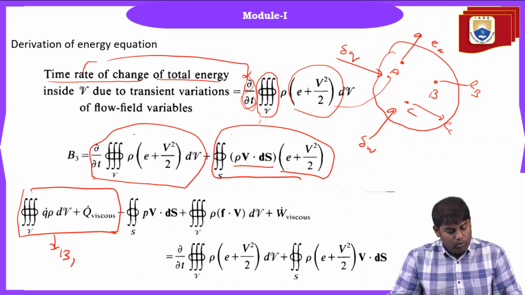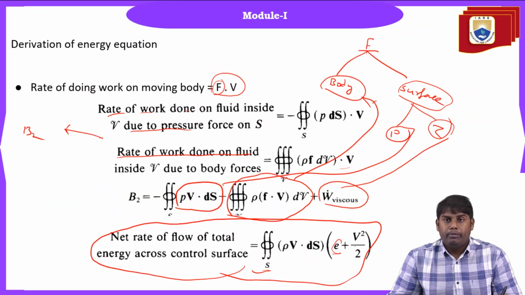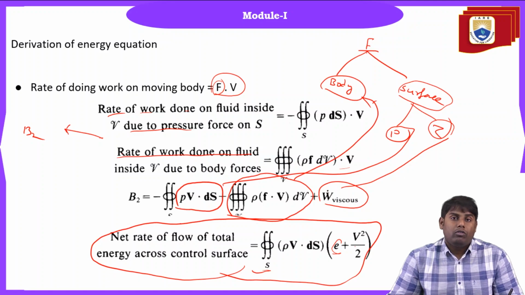Next, what is B2? So what is B2 we have seen? B2 is nothing but when there is a motion of the fluid particle, work is done because of body force and surface force. The body force is because of the gravitational force or electromagnetic force.